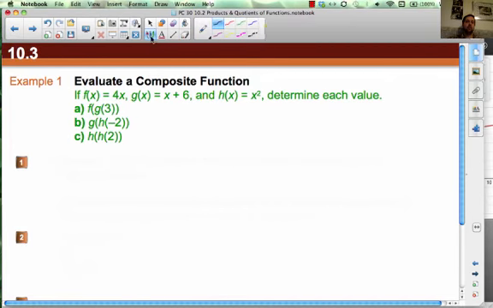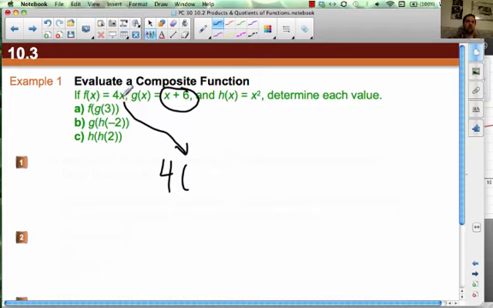So in that method, we solved g of x first, and then we plugged the outcome into f of x as an input. But if we wanted to just take g of x and plug it in our f of x before we solve anything, what we would do in f of x, wherever we have an x, we replace it with all of g of x.